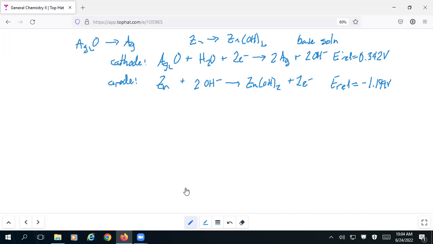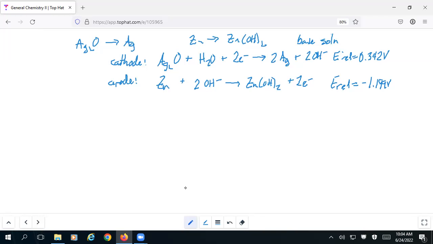So the first thing was we had to find the correct reactions. We were told in the problem that at the cathode, we had silver oxide turning into silver. We were told that at the anode, we were having zinc turning into zinc hydroxide. And this all had to be occurring in a base solution.